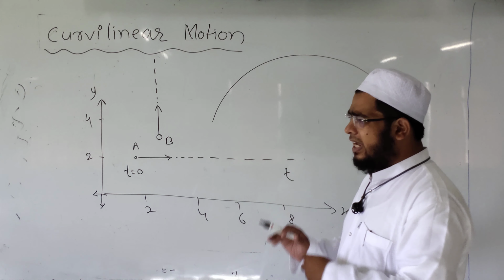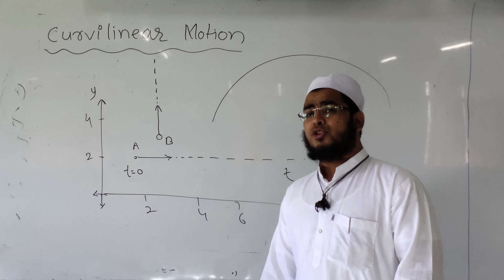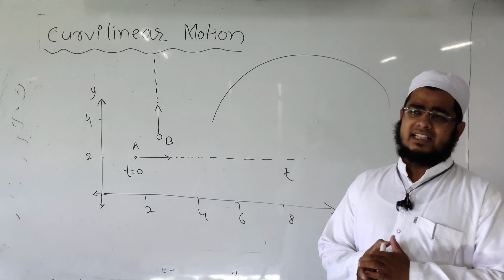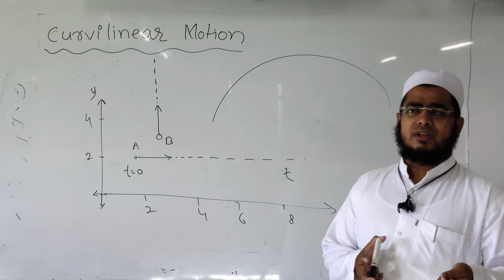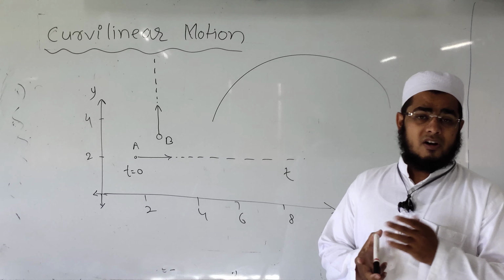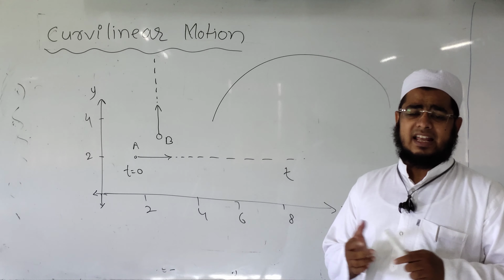From this example, we can conclude that in rectilinear motion, if the reference axis is fixed, the position of the particle is changing only in a single direction.